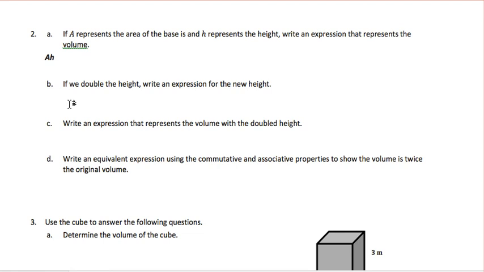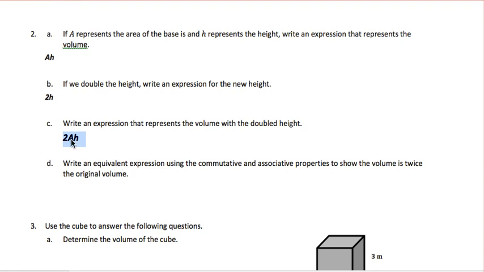If we doubled the height, the new height would be 2H, because doubling means multiplying by 2. And then representing the volume with the doubled height would be 2AH, because multiplication is commutative, so we can do it in any order.